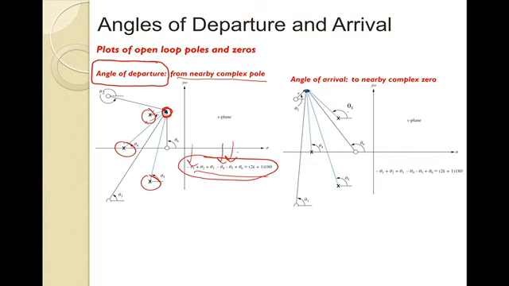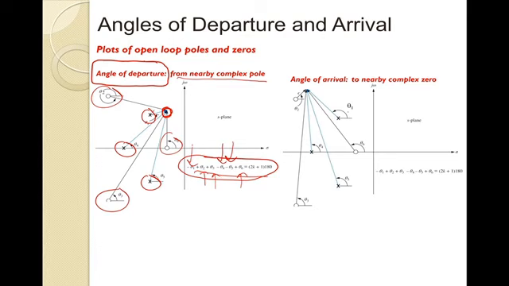So all my poles have a negative angle associated with them, and all my zeros, theta 3, theta 6, theta 2 here, notice that these all have positive angles. So again, I sum up my zeros.